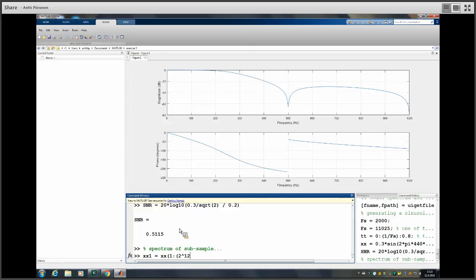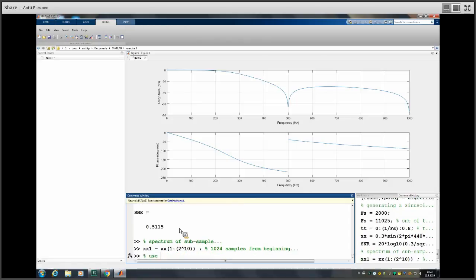Maybe. Well, let's take one. So 1,024 samples from beginning. Okay, use power of 2 samples to get benefits of fast Fourier transformation.